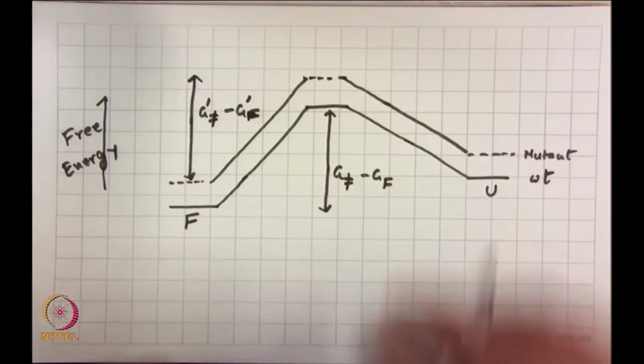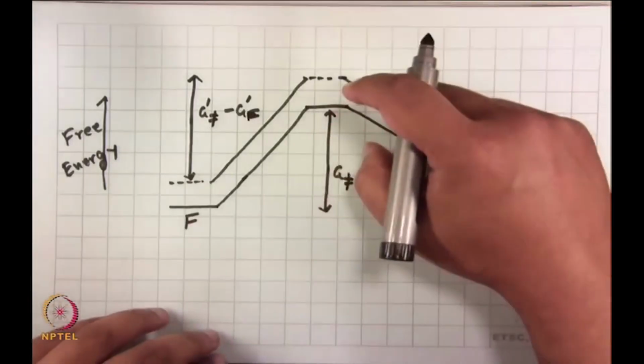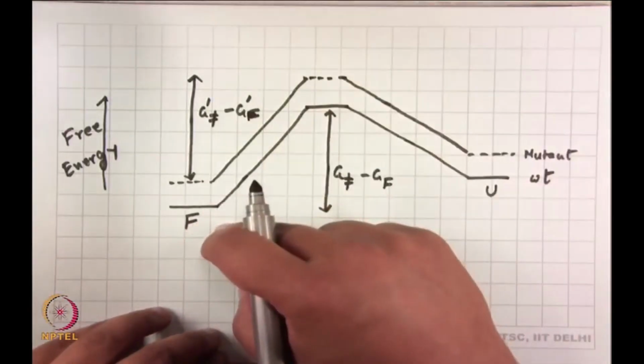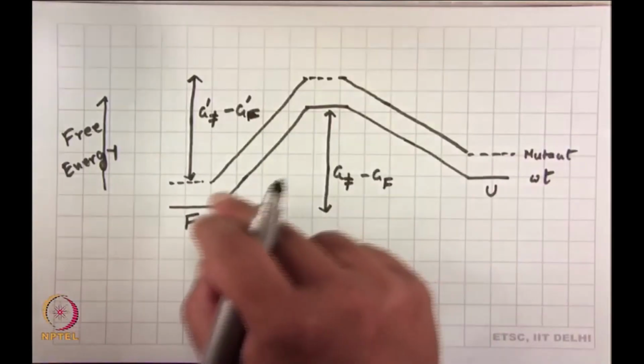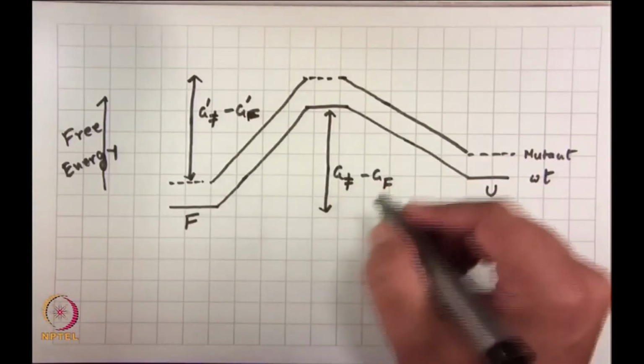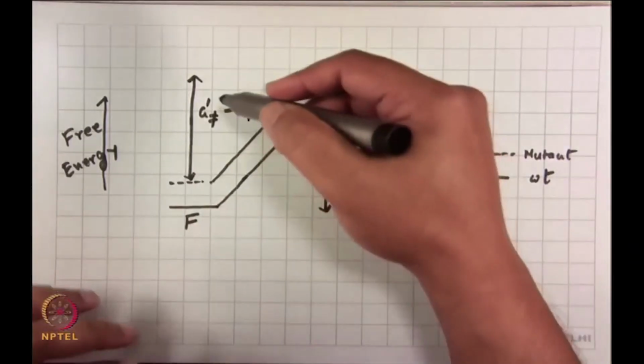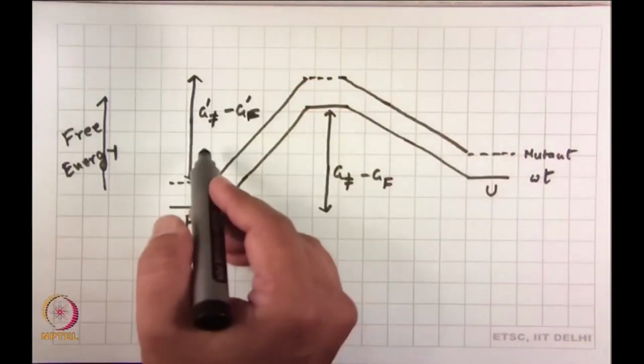So, one is the free energy difference between the transition state and the folded state of the protein in the wild type, which is G hash minus G F. The other one is for the mutant, which you see on the left hand side.